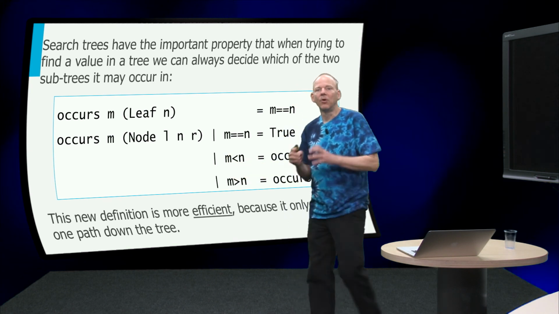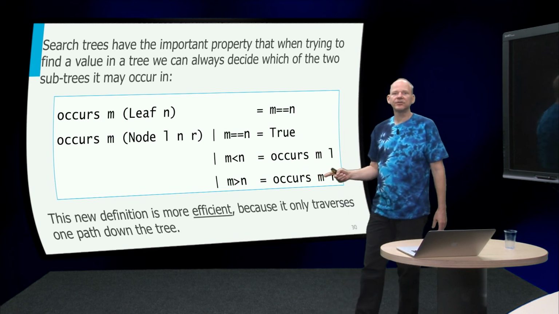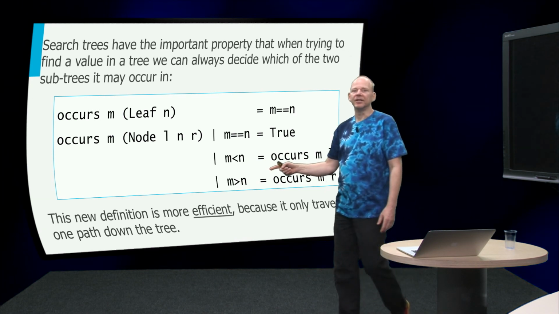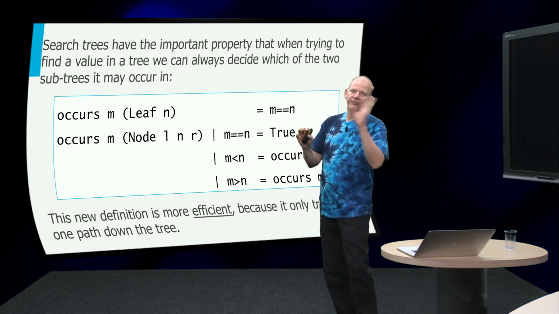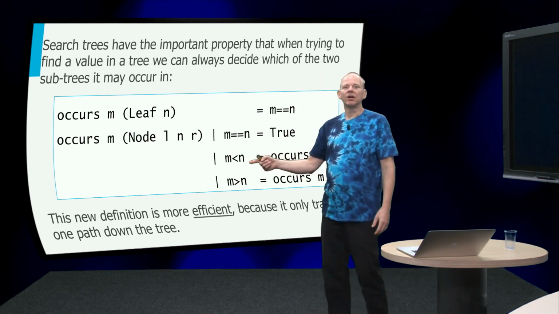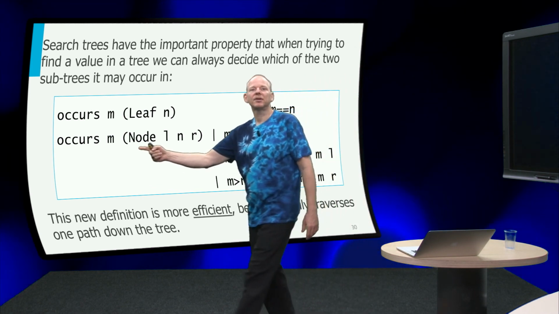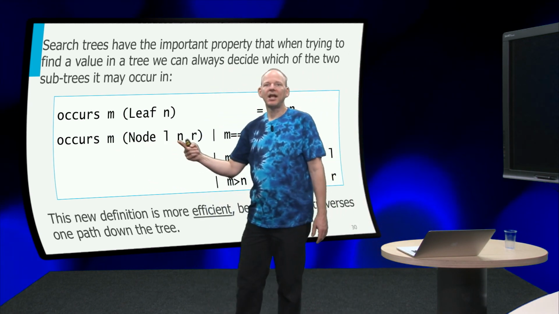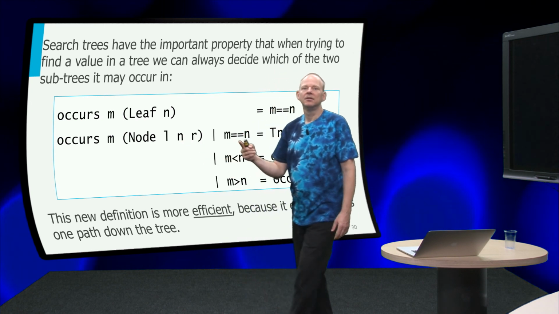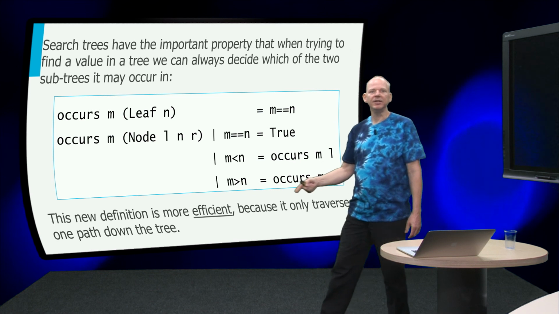Now, since we know more about the structure, we only traverse one path down the tree. So we don't have to say, if it's not the same, we're checking this, or we're checking that. No, we know that if m is less than n, if the number that we're searching for is less than the node here, then we only have to search in the left subtree.